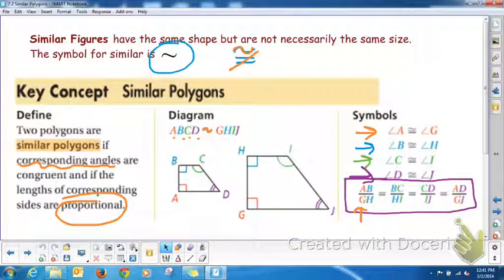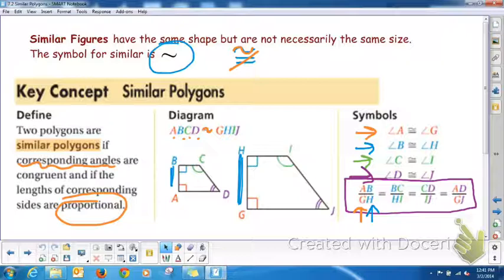You'll notice that in every proportion. So AB, that's this side here, is proportional to GH. There's one rule of thumb you have to follow when you're writing these ratios. Notice AB is the smaller figure. You'll notice that throughout this entire proportion that we're writing, the small figure is on top and the larger figure is on the bottom.